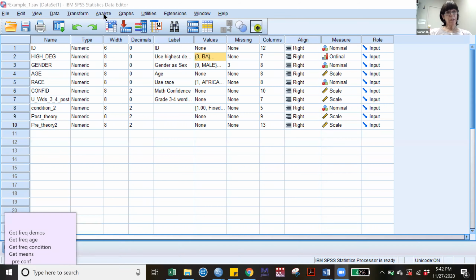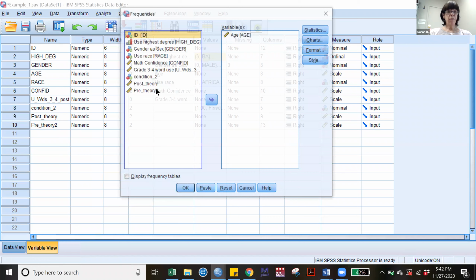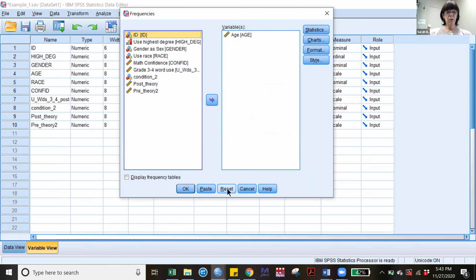But first, we want to check to make sure that we have the balanced design. We're assuming random assignment based on what the researcher told us. So we want to get the frequencies for the condition. So I'm going to reset that, and I'm going to ask for the frequencies of condition, and note that I no longer need to suppress the frequency tables.